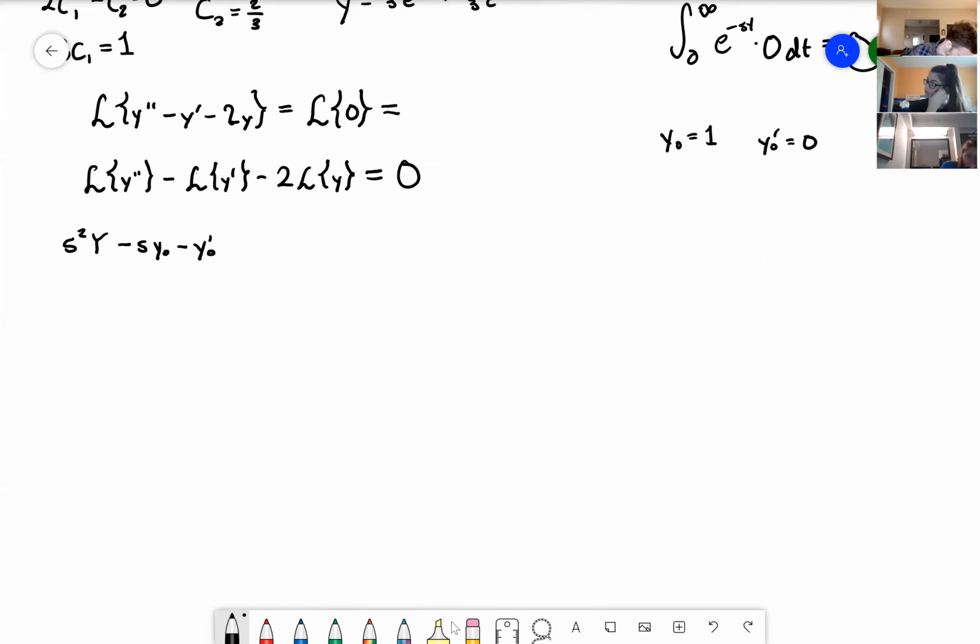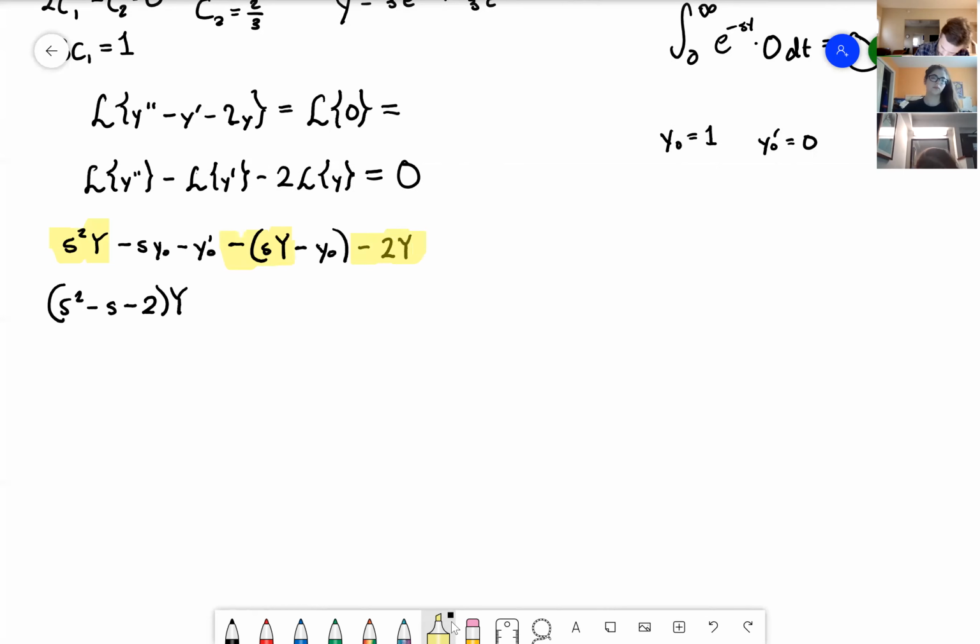Right? Minus the Laplace transform of y prime, which is s capital Y minus y(0), minus 2 times the Laplace transform of y, that's just Y. Now I will collect together all of the Y's to get s squared minus s minus 2 times Y. So that is this one, and this one.